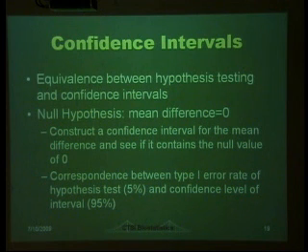So there's this equivalence between hypothesis testing and confidence intervals. And in fact, that equivalence bears through to the type 1 error rate versus the confidence level of your interval. In fact, the type 1 error rate of your hypothesis test corresponds directly to the complement of the confidence level of your interval. So 5% versus 95%.